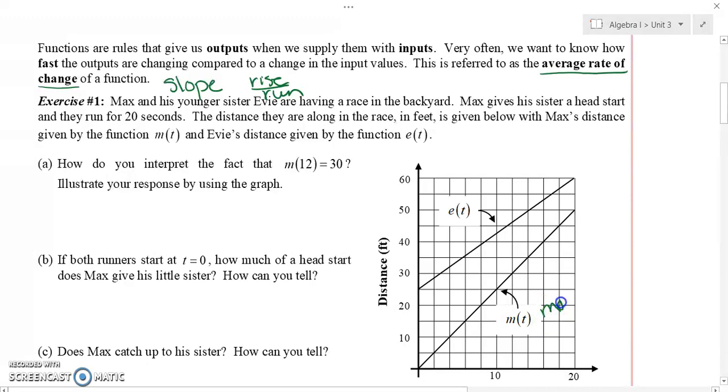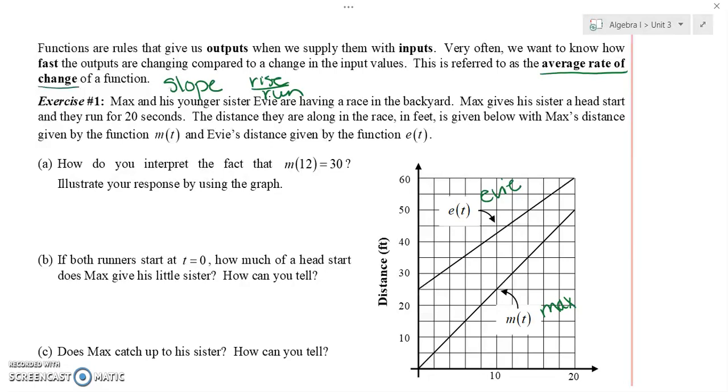So this is Max, and this is Evie. First question says, how do you interpret the fact that m of 12 equals 30? Illustrate your response by using the graph.